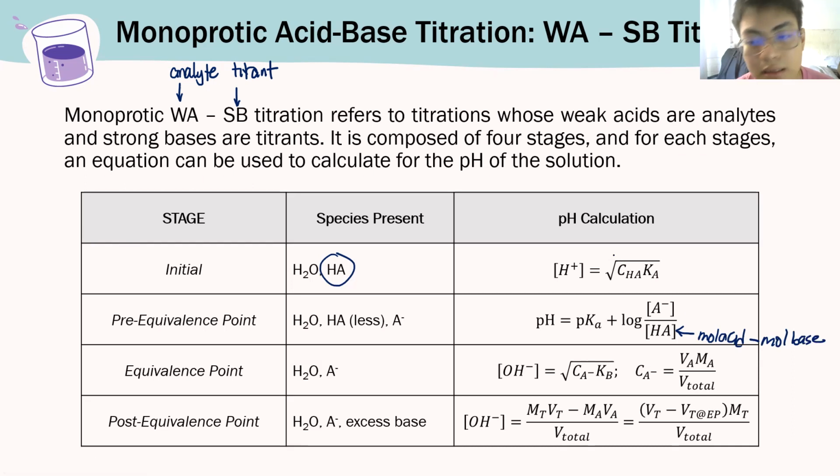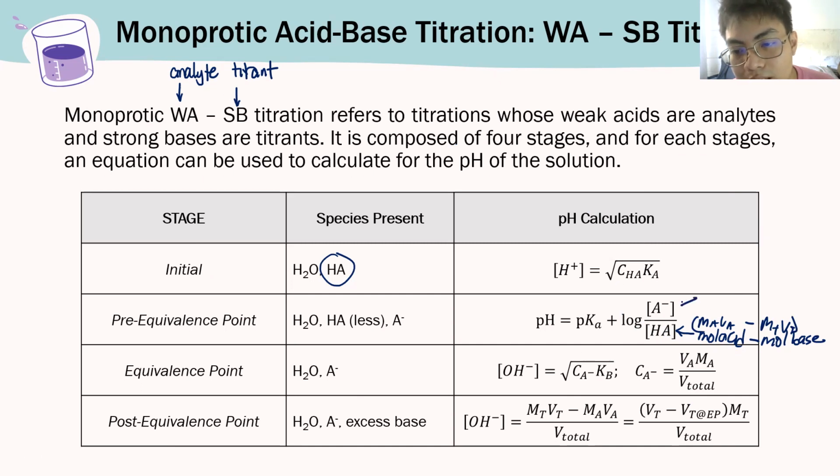Ano yung acid mo? Analyte. So yan ay MAVA minus ano yung moles ng base? Titrant, MTVT. So it's MAVA minus MTVT sa denominator. Okay, so ganun lang kasimple. Acid minus the base kasi mas maraming acid. So that will give you the moles of the acid.